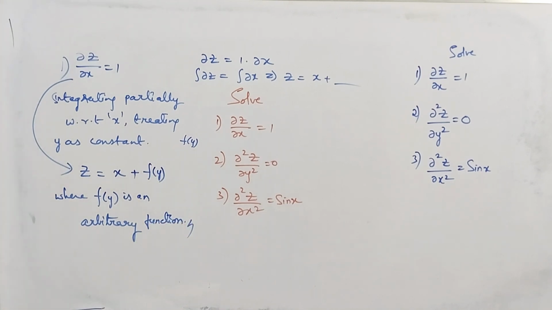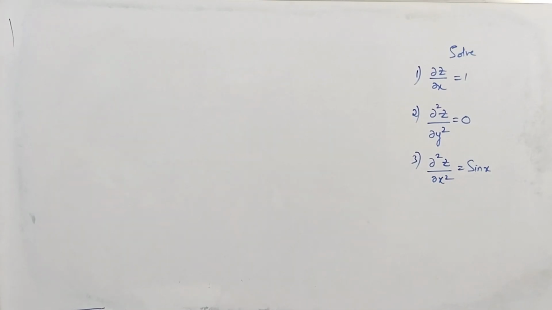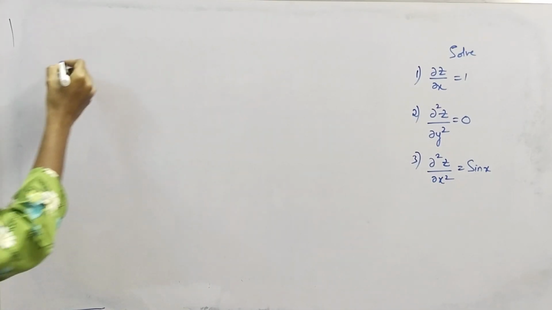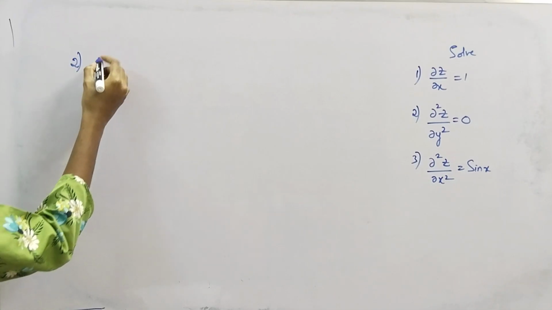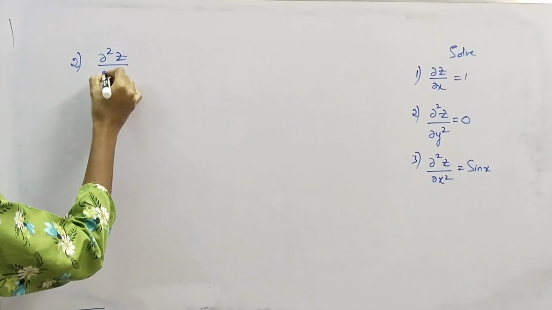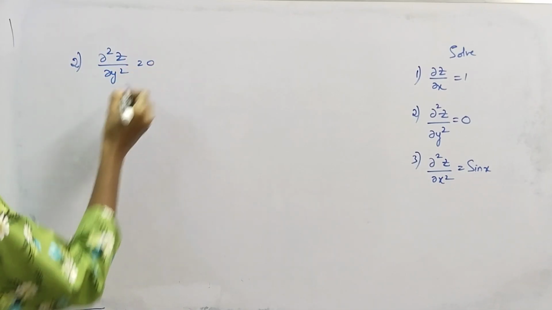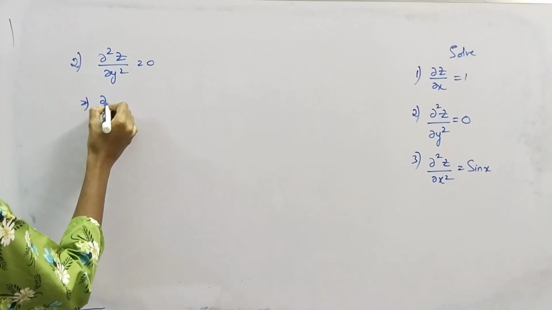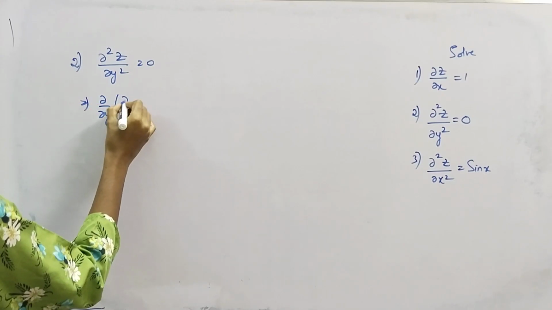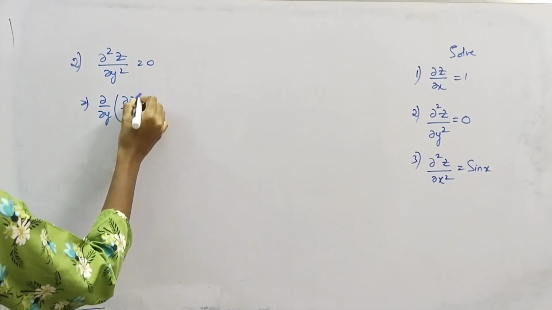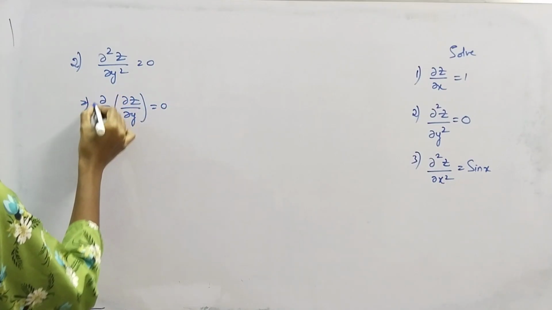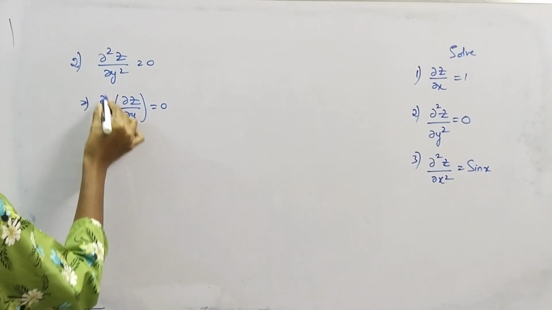Now coming to the second problem. Second one, solve dou square z by dou y square equal to 0. You can write this as dou by dou y of dou z by dou y equal to 0. So consider the first one, you have dou by dou y, right?